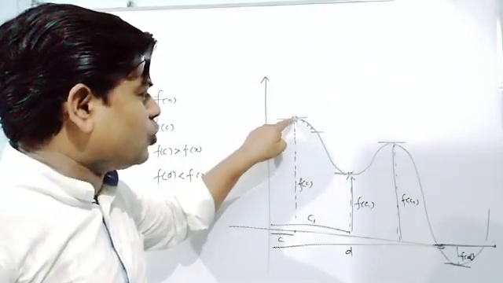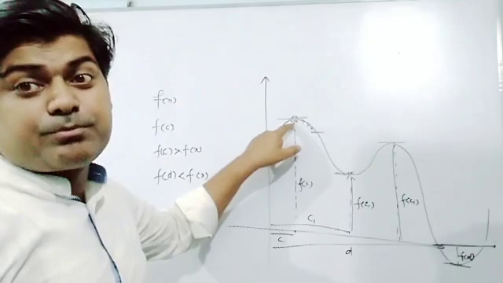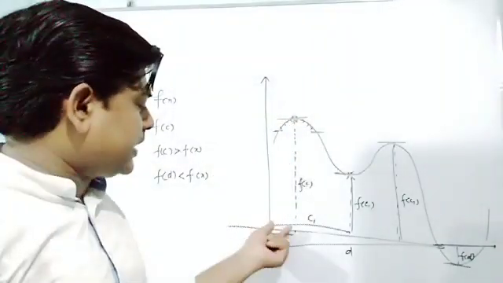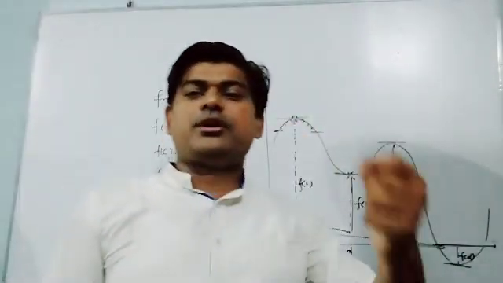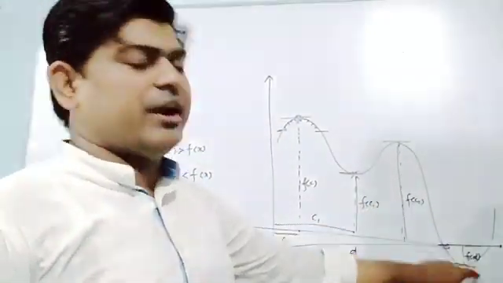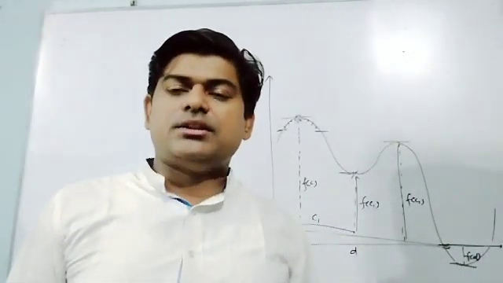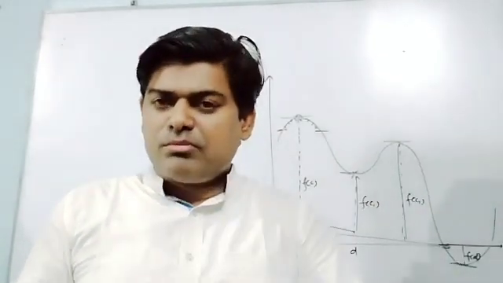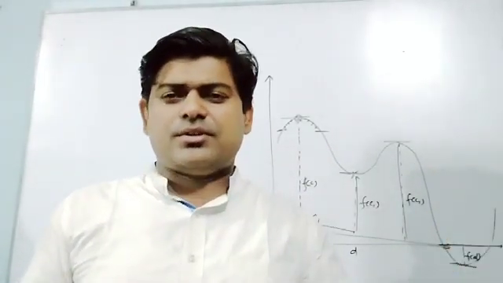So we can find the slope of the tangent at this point, or in other words, we can find a point where the slope of the tangent is 0. So that is the C, and that point is called the critical point or turning point, and that will be C, C1, C2 and D. On all these values we will find f(x), and whether that f(x) is maximum at C, minimum at C1, or maximum at C2, or minimum at D, whatever is there.